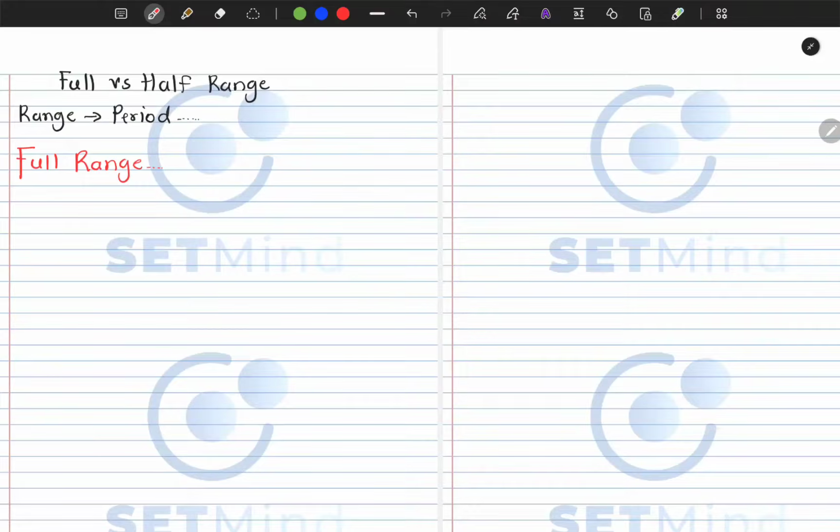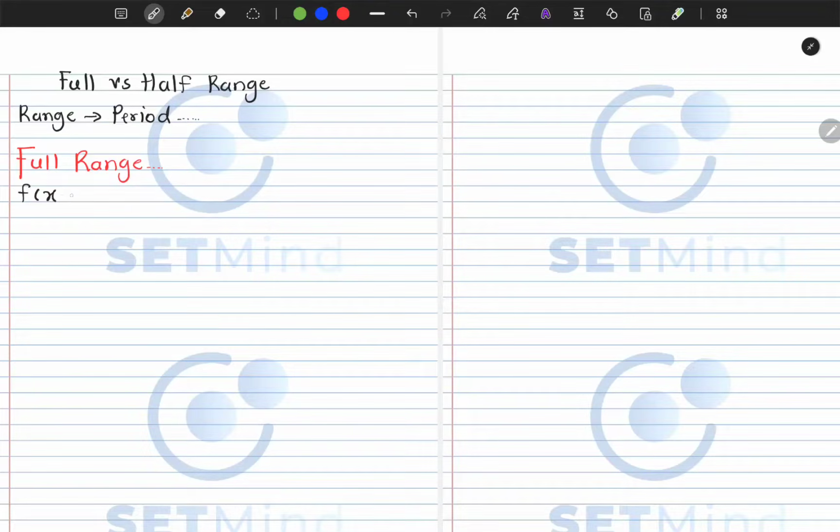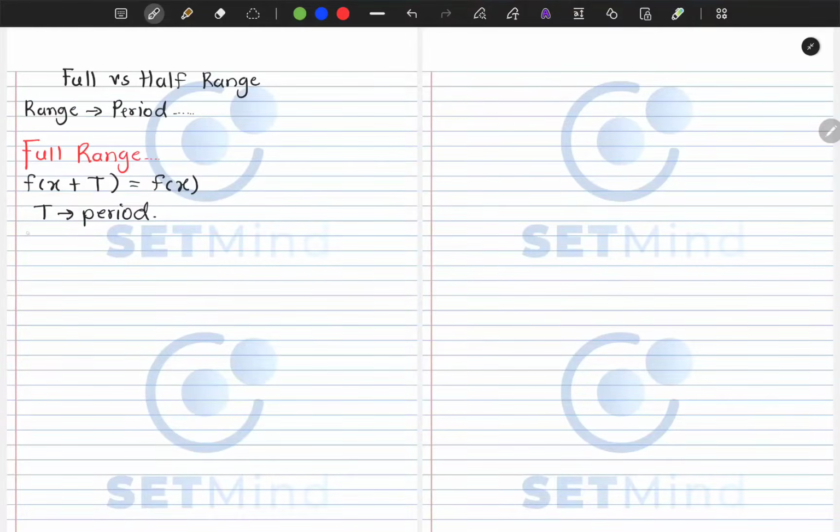Whenever we are talking about full range, let's start by looking at our definition. If we have f of x plus T giving us f of x, what this means is we have a period of T, standard. But then what we can have with full range is a function f of x defined between negative T over 2 to T over 2.